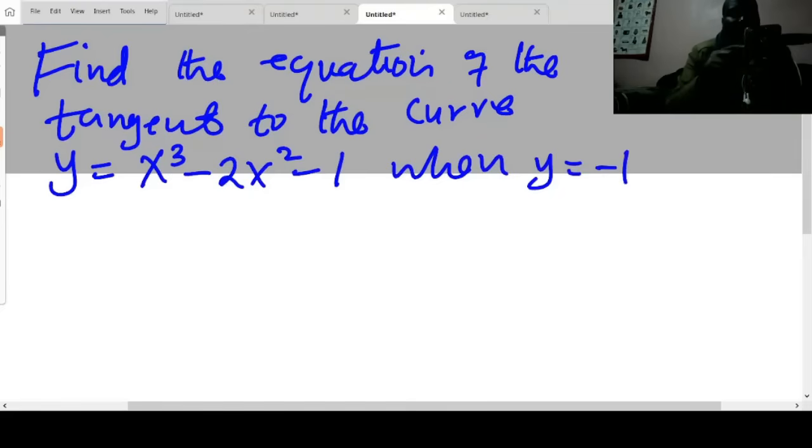So you can see this one is very different from what we have been doing. So how are you supposed to handle this? Here you can see we have been given y. We don't have x. So the first thing you need to get is the value of x. How are you going to get the value of x? Solution.